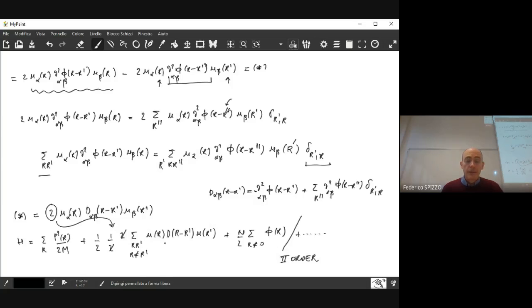Okay, at this point, we have no new information. We have just written the Hamiltonian in a different way. At this point, the problem is to find u of r and u of r prime, or in general, the displacement u of r. How is it possible to make an estimation of u of r? We have to make a hypothesis.